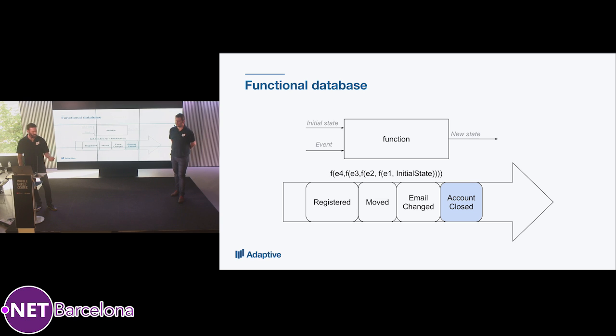So for example, with those 4 events we just saw, the very first function call would be the customer registered event with the initial state, which would just be an empty customer object. Then that would give us a brand new customer object, and that plus the next event would serve as the input to the next function call. So you can keep nesting these function calls and build up to your current state, and those of you who are involved in functional programming might know this as a left fold.